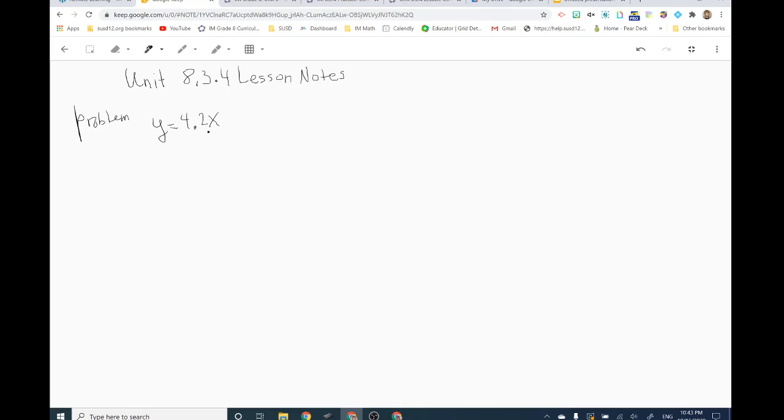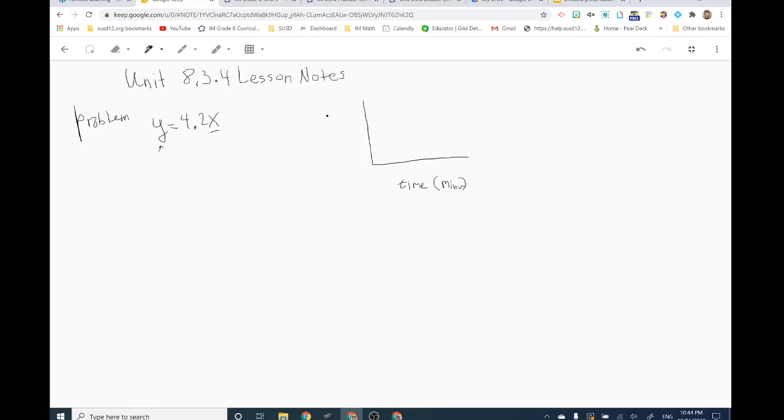It means there's 4.2 times more of x than there is of y. Well, this could be a graph of distance and time. What if time is down here on the x-axis? Maybe time in minutes?